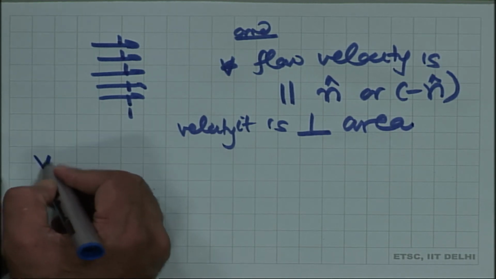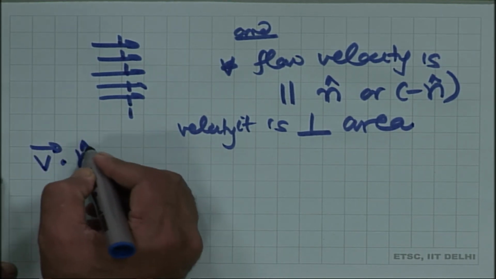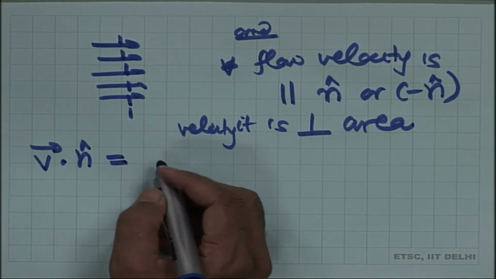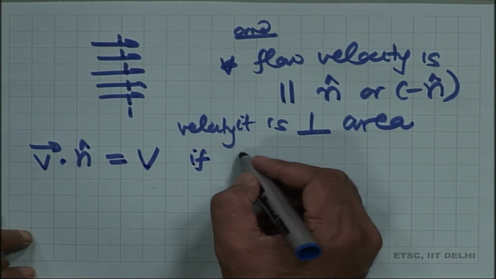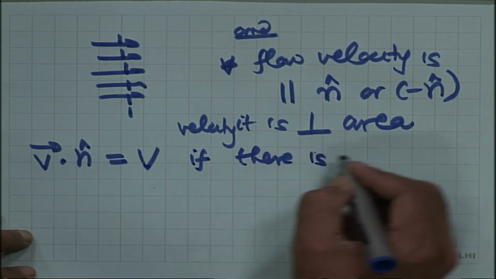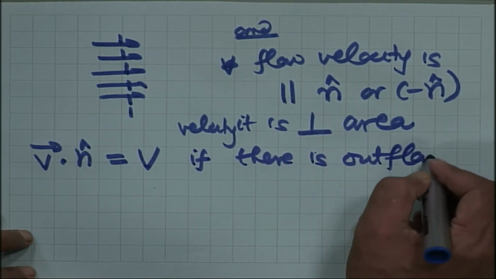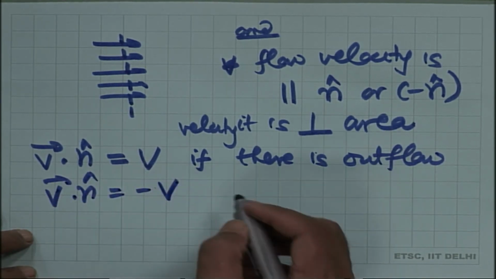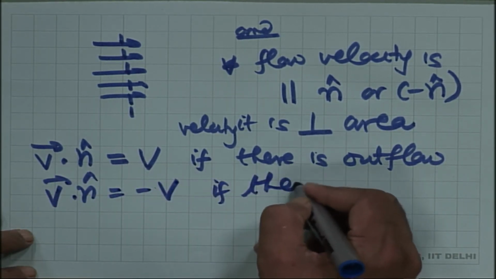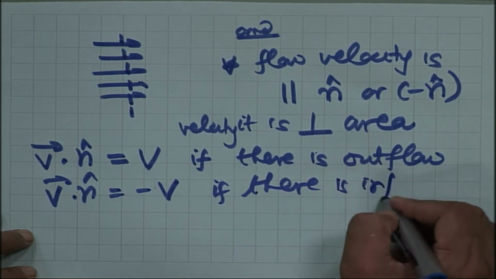Then in this case V dot n becomes equal to V if there is outflow, and V dot n becomes minus V if there is inflow.